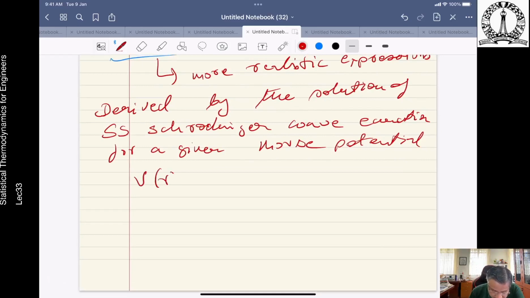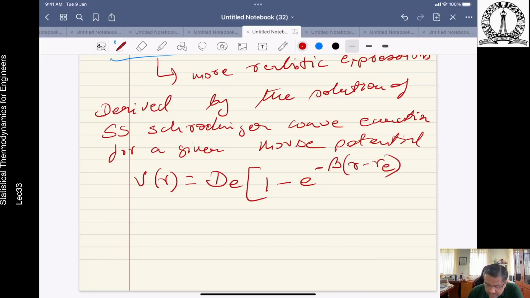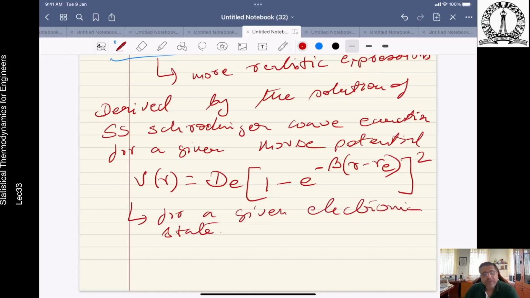So the Morse potential V(r), if you recall, is V_e times (1 minus e to the minus beta (r minus r_e)) squared, r_e being the equilibrium internuclear separation distance. This is given for a given electronic state. Surprisingly enough, an analytical solution can be obtained by using a power series representation of the Morse potential, but it is very tedious mathematically.